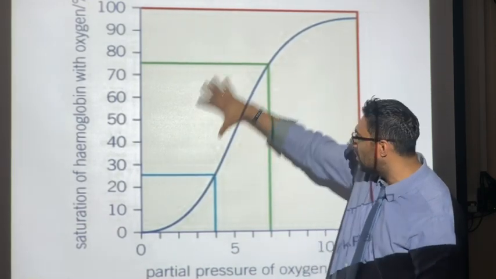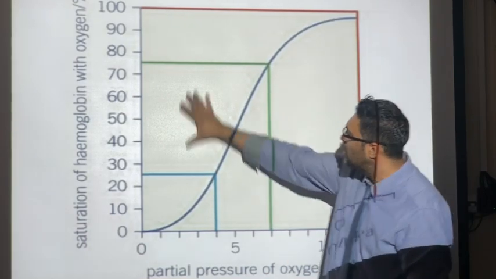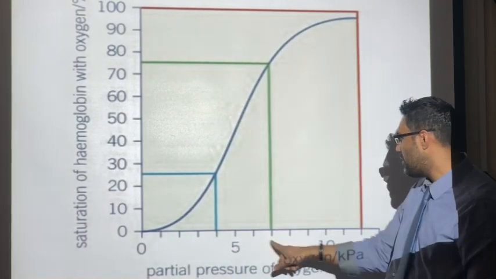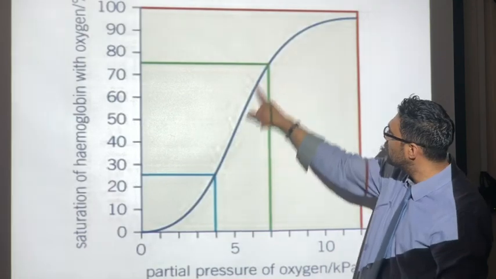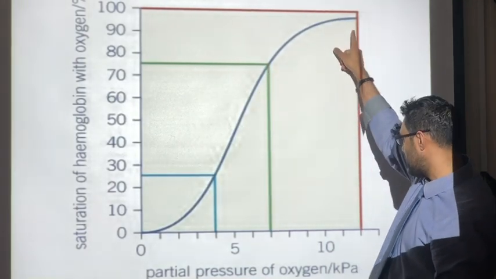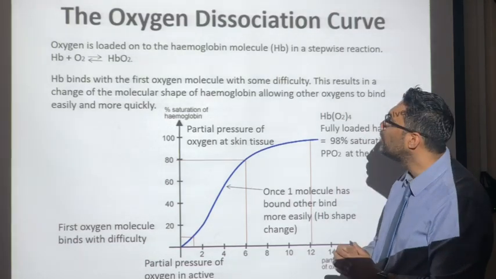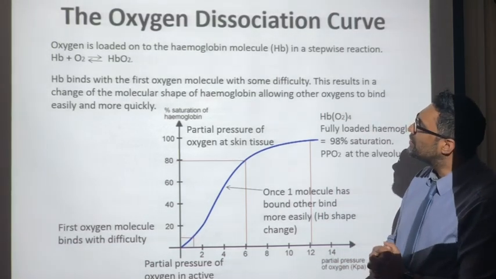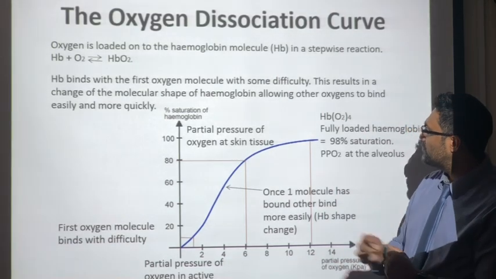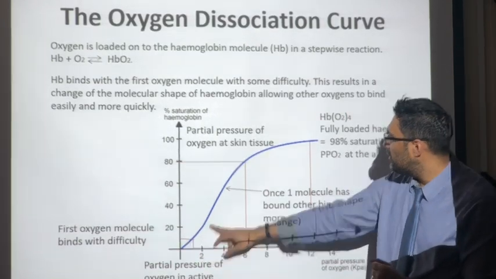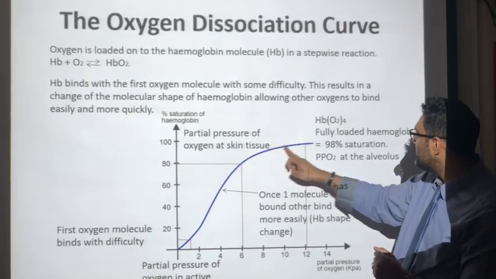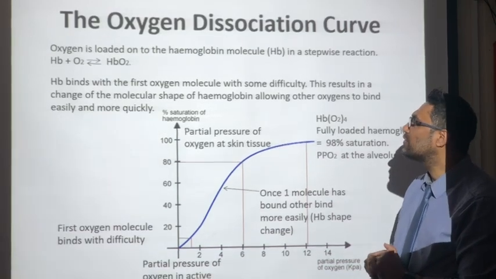You've got a whole lot more saturation by not even doubling the pressure, because it's exponentially rising here, but then it starts to flatten out. Okay, so that's the same graph that we saw before. This is the reason why it happens: it's very difficult at the beginning to load up, then very easy to load up, and then more difficult to load up again.